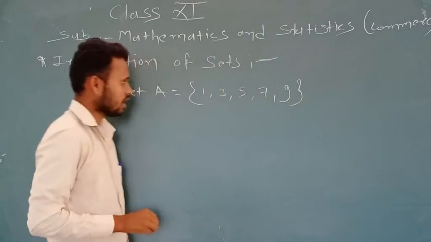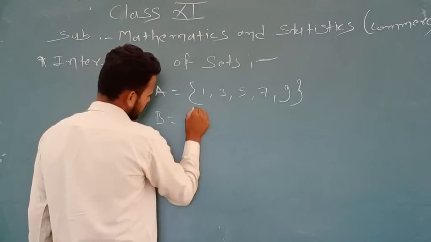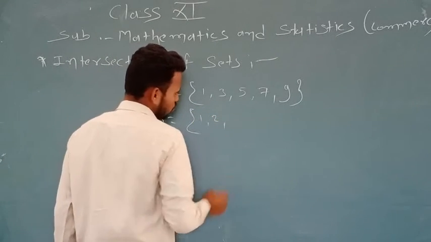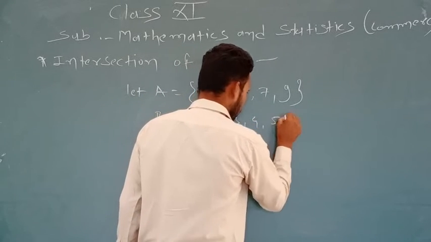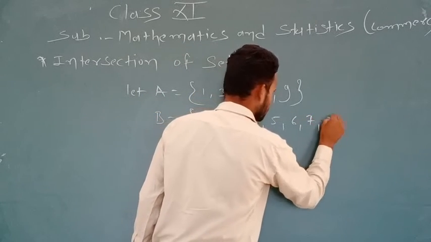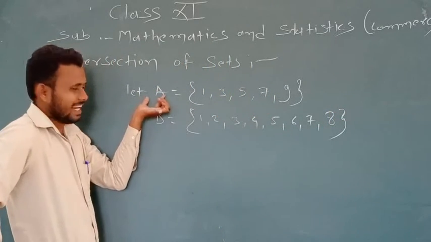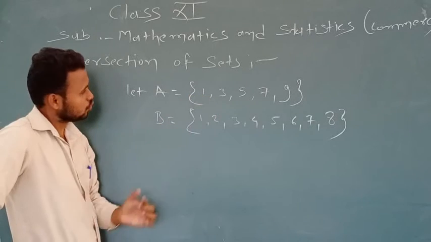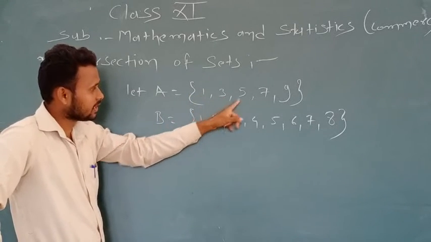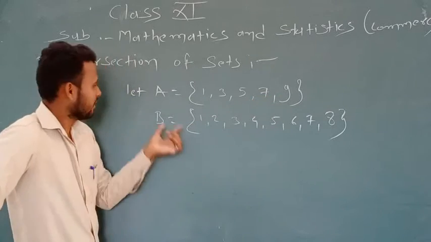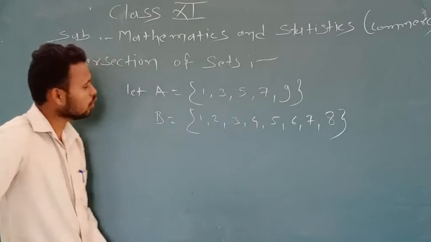And suppose we take set B equal to the set containing the elements 1 up to 8: 1, 2, 3, 4, 5, 6, 7 and 8. These are the two sets.